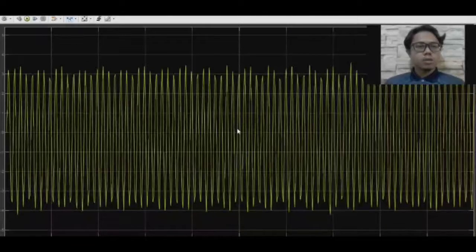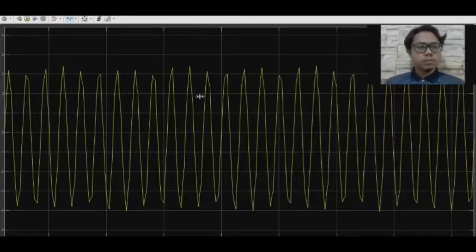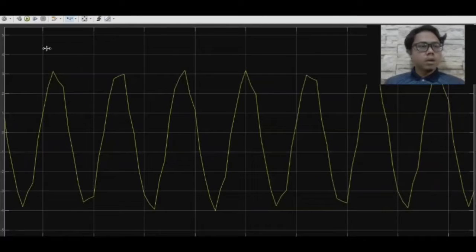As we can see here, there is some loss of amplitude compared to the input signal. The amplitude is 3 while the original signal is 5, but the frequency is still the same as the input signal.